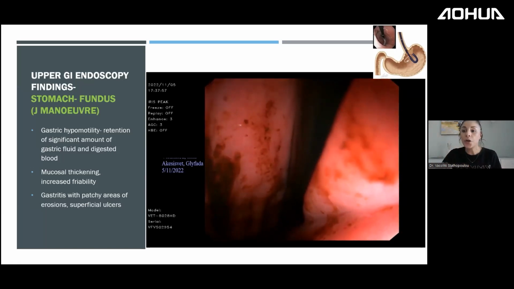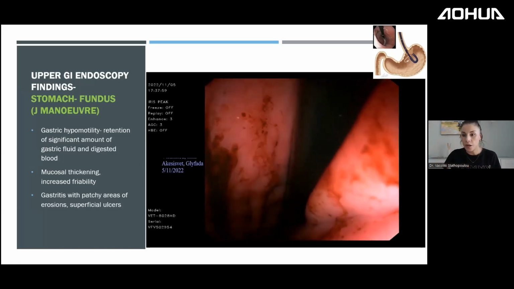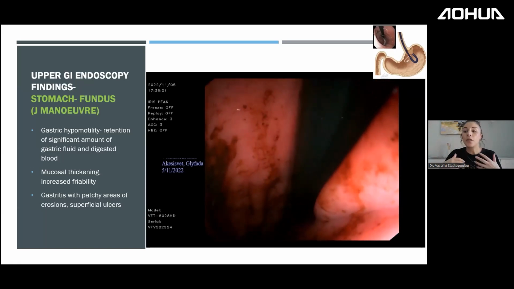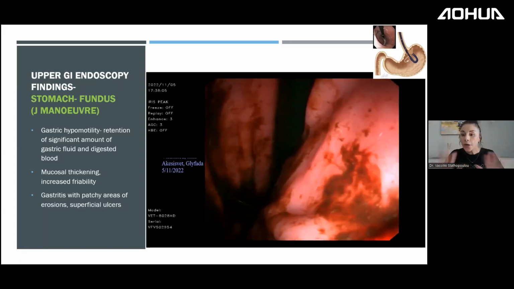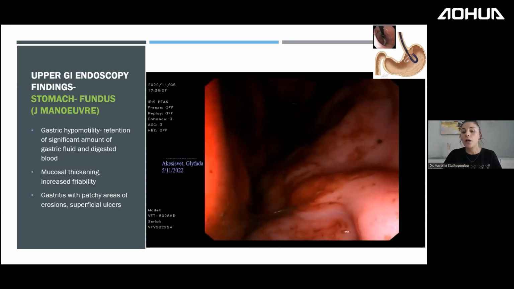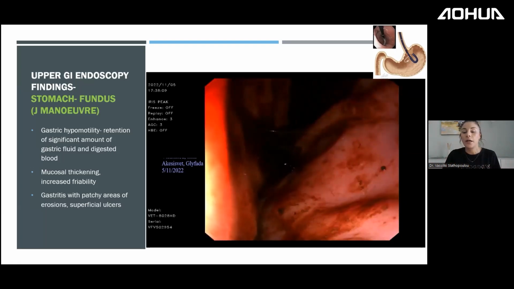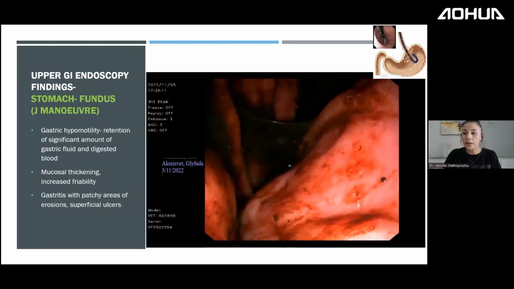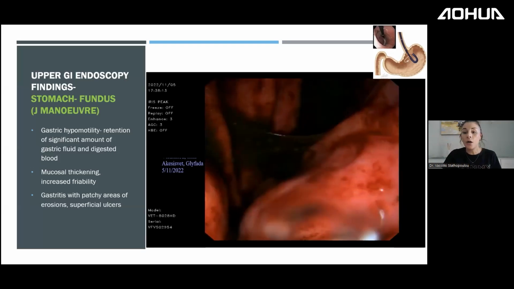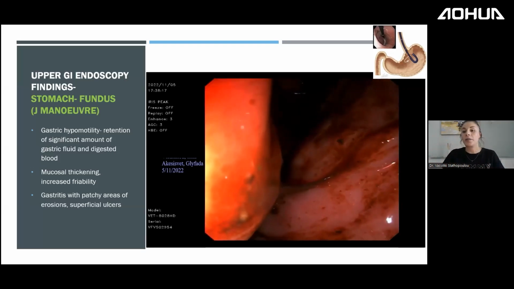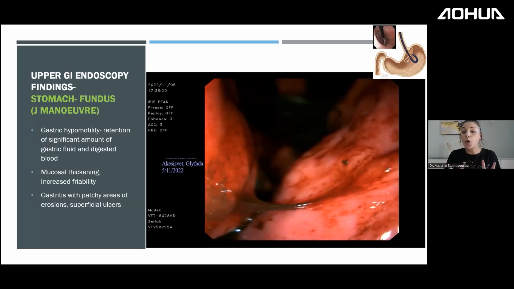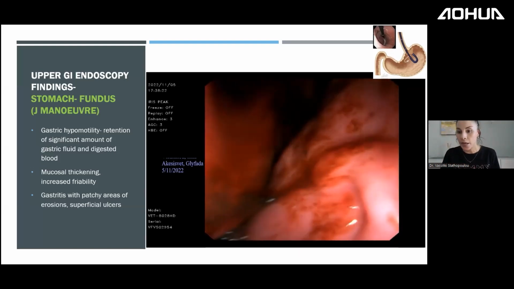And if you're not sure, flush the mucosa in order to wash it and to see where the true ulcerations are. Where is it bleeding from? Is it bleeding anywhere in the fundus of the stomach right now? And wait, be patient so that the stomach opens so that you can have a broader visualization of your area.